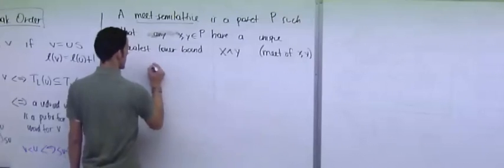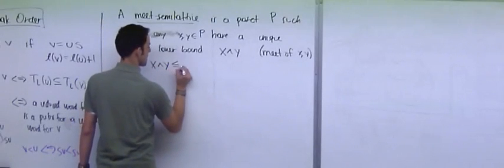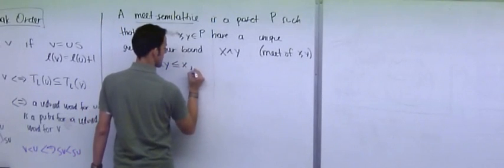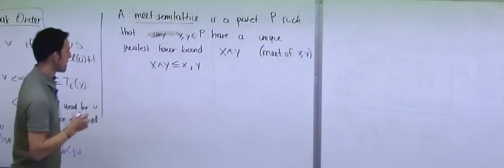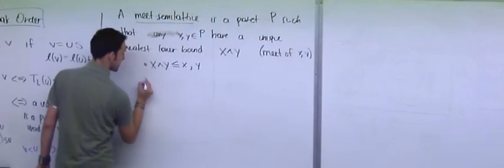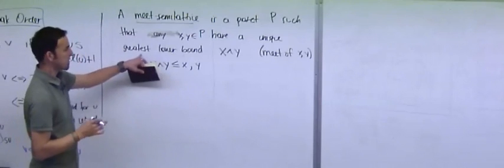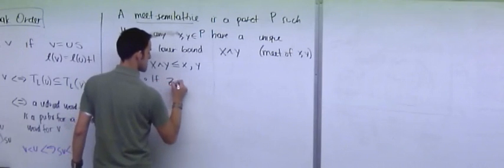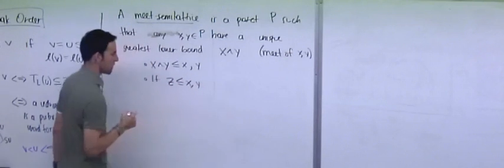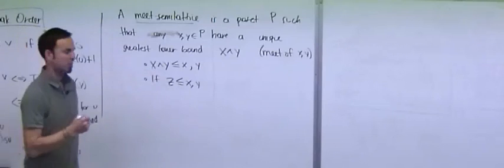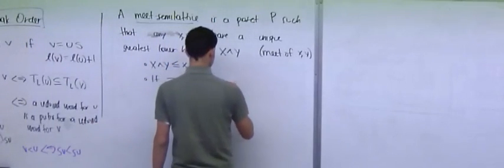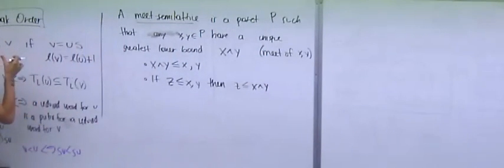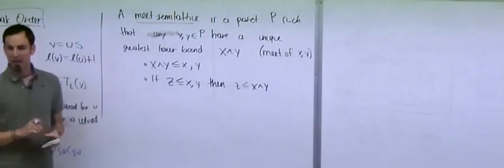So this means that this guy is less than or equal to x and less than or equal to y. That's one thing. This means that it's a lower bound, but it's the greatest lower bound, and that means that anything that is a lower bound for x and y has to be smaller than this one. Okay? So that's what it means to be a meet-semilattice.